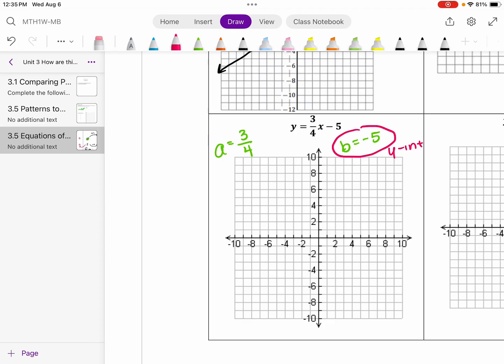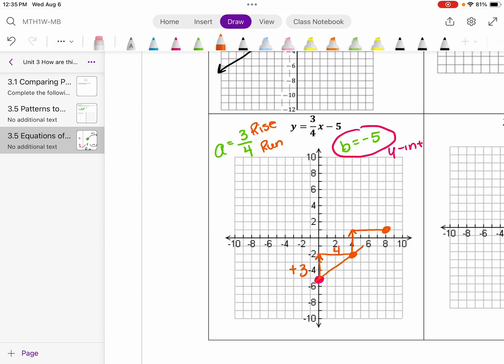My y-intercept value is -5, so I'm going to put that on the y-axis. And then I'm going to use my rise over my run. My rise is 3, so I'm going to go up 3, and then over 4, and then put the next dot. And I'm going to do that again.